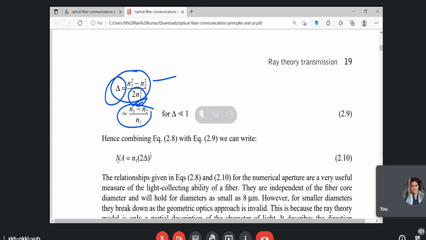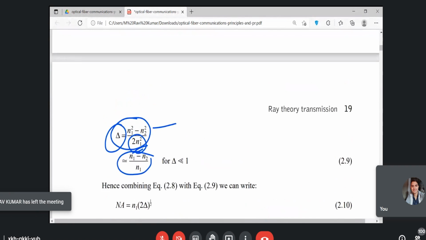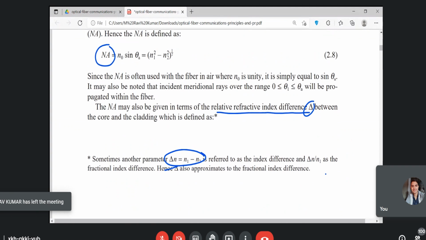So if we combine the above equations, the numerical aperture and the relative refractive index difference, we have the numerical aperture as square root of n1 square minus n2 square.